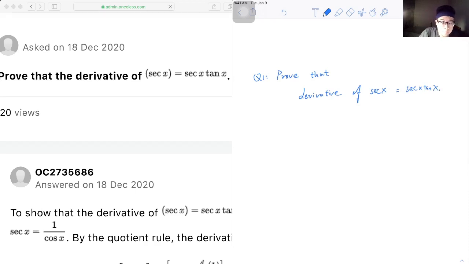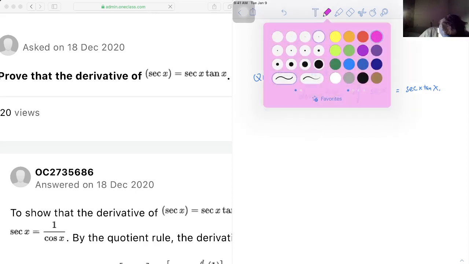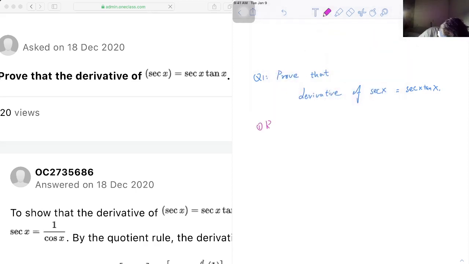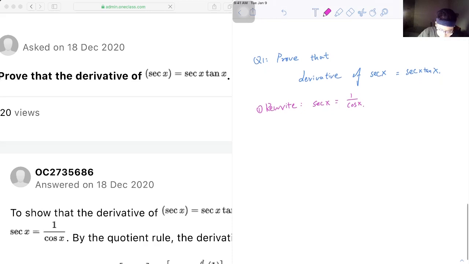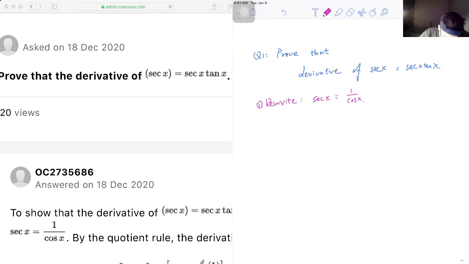If we want to show that, first we need to rewrite. We know that secant x can also be represented by 1 over cosine x, right? And second, we need to apply the quotient rule.